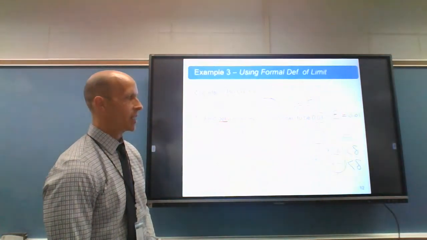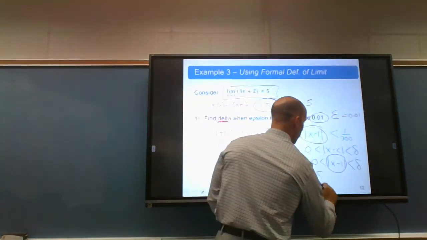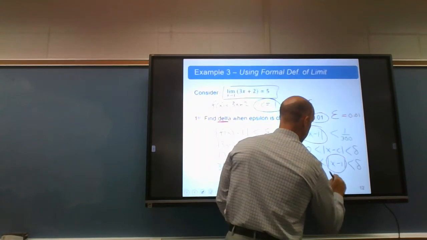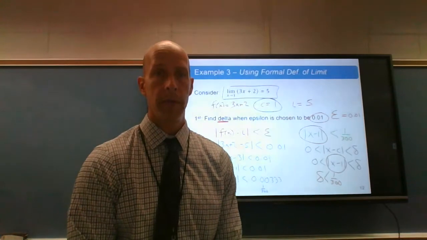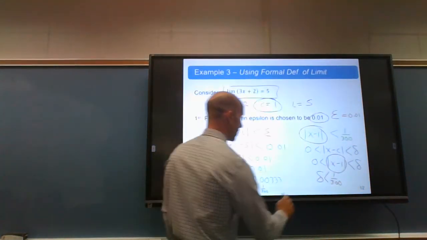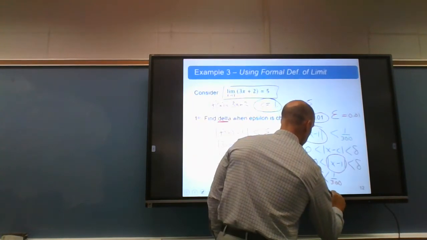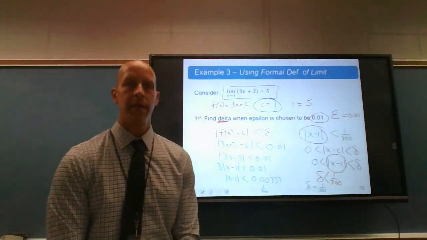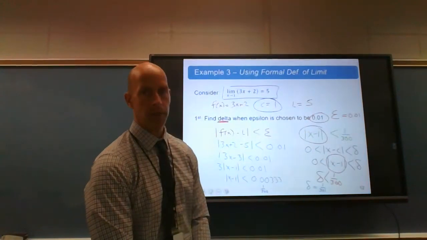So what we just need to do here is, we know that the delta we want to choose is, actually, you can pick any delta less than 1 over 300 and it will work. So for example, if I picked delta to be equal to 1 over 301, which is less than 1 over 300, it will fall in this bound, okay?